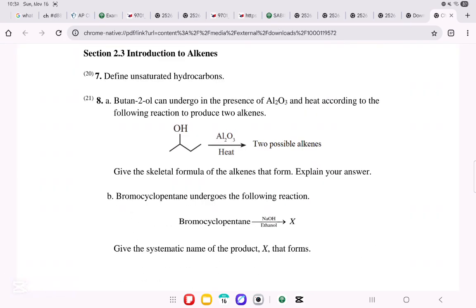Now we reached section 2.3, introduction to alkenes. Define unsaturated hydrocarbons. How do we define unsaturated hydrocarbon?